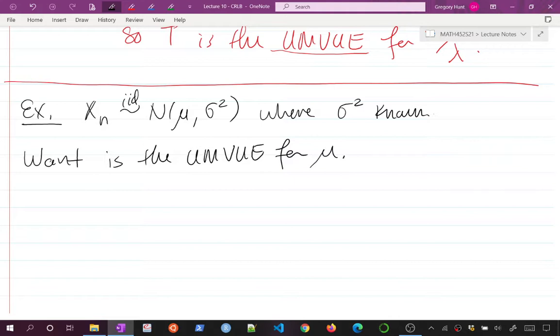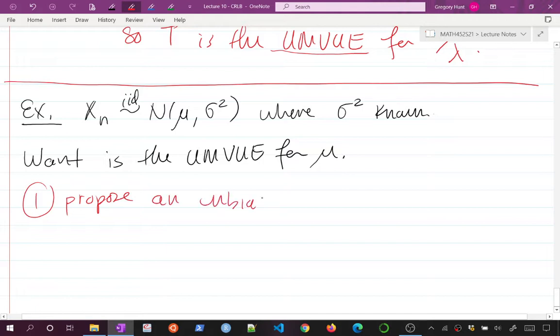Whenever you're trying to estimate the mean of something, turns out that x bar, not always, but often, is the way to do it. So step 1: propose an unbiased estimator of mu. Let's say x bar, that seems like a reasonable thing to estimate.